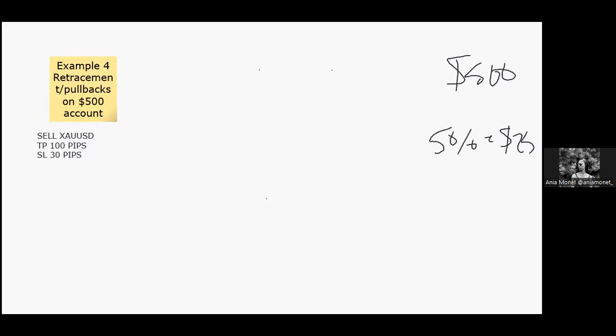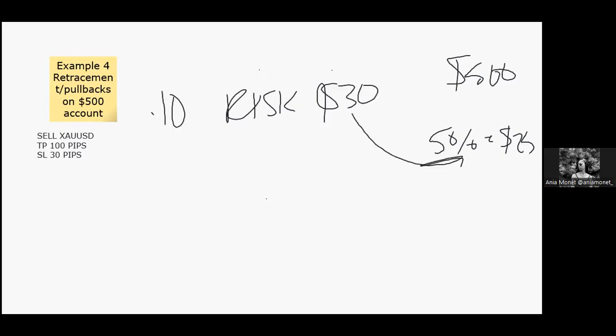If I were just to use a 10 cent on here, my risk would be $30. So that's 5 over the 25. Okay. And my reward would be, I'm trying to move this out the way. Okay.